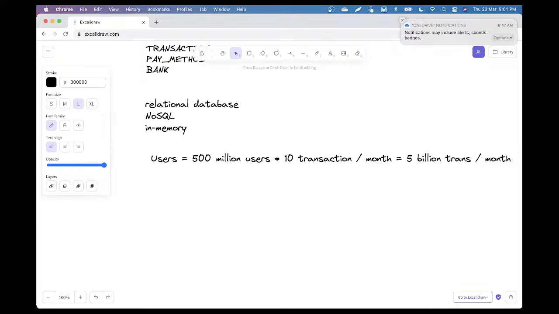Now, when you do any transaction in Paytm, there are multiple queries that need to be done, right? There has to be a query which will figure out the bank account, because from the mobile number you have to find the associated bank account detail, and then that detail has to be used in the transaction.